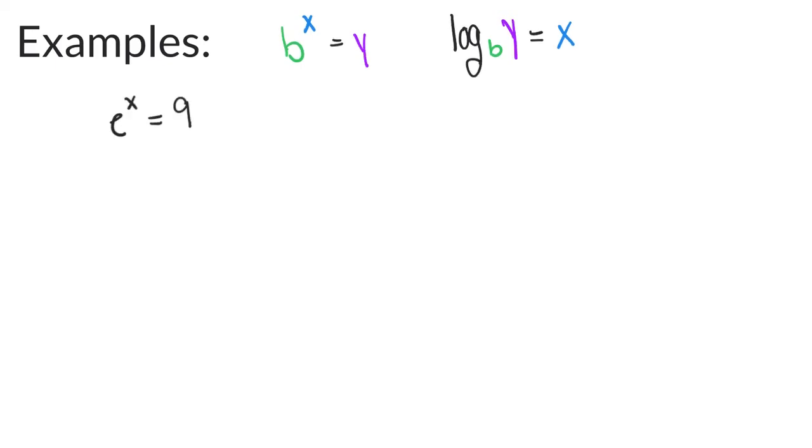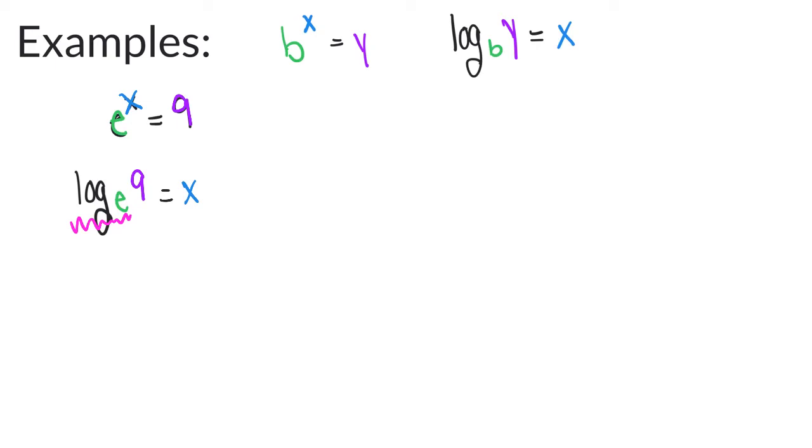There's our first example. If I'm rewriting this, I'm going to say that it's the log base e of 9 equals my exponent. Now, the issue is this log base e.